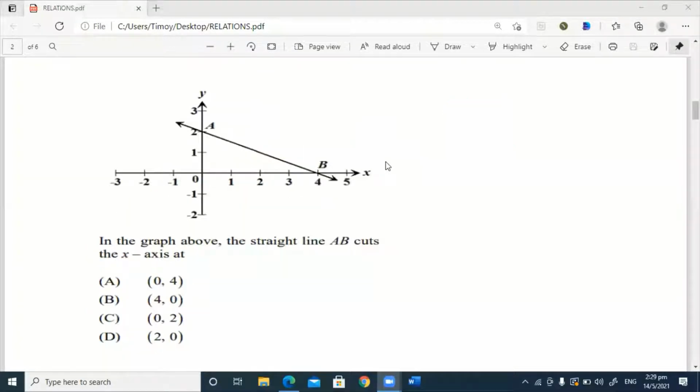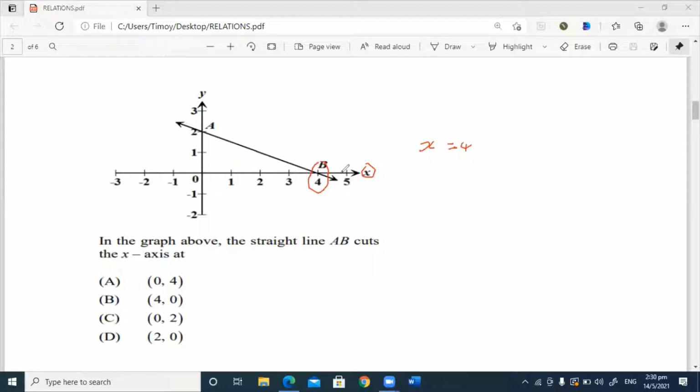All right. In the graph above, the straight line AB cuts the x-axis at. So we have the straight line AB. This is the x-axis right here. So where does the line intersect it? It intersected right at this value here, where x is equal to 4.